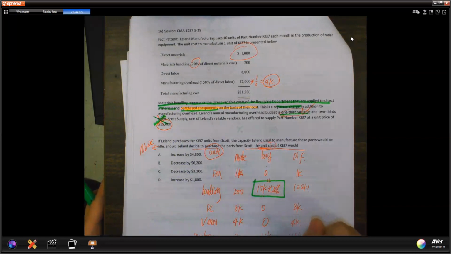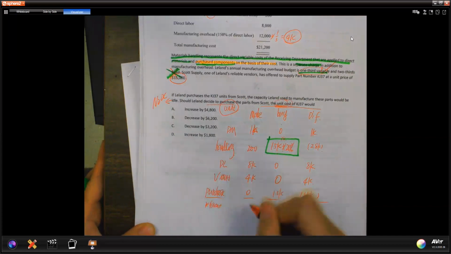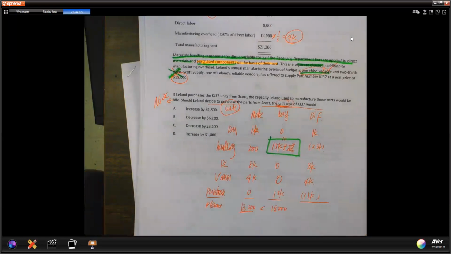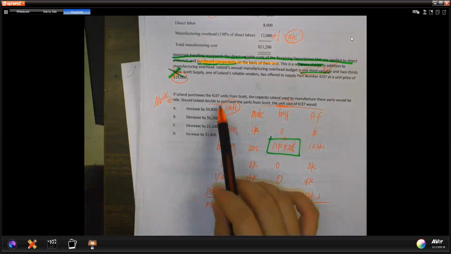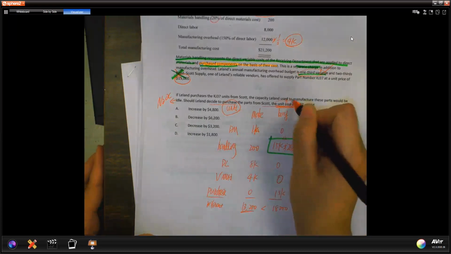And then if you do all the math, you will find out the relevant cost under make is 13,200, under buy is 18,000. So we should make. But the question said, if we decided to buy, what will happen to our cost?